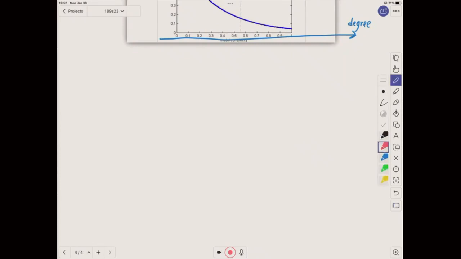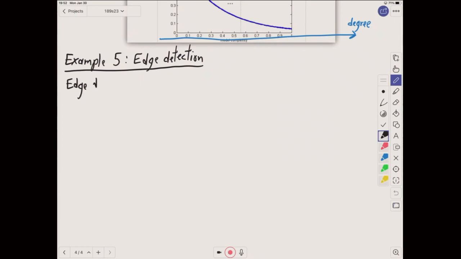And the last example I want to give you of nonlinear features is, forget about polynomials. Now we're going to do something way out in left field. We're going to use an edge detector to create a new feature. What is an edge detector? They're used a lot for images.